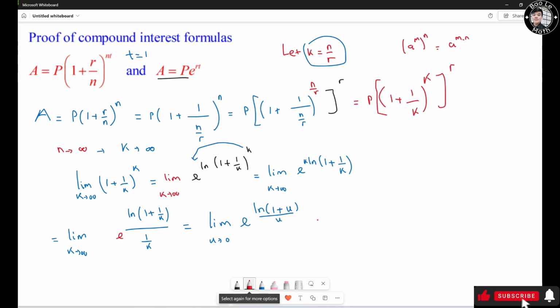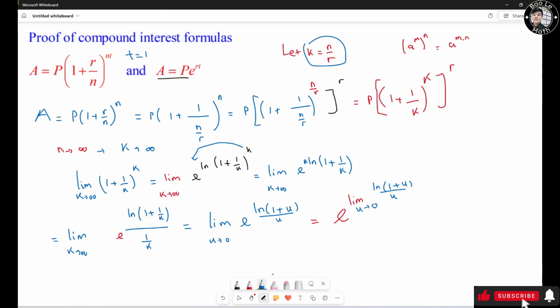Now this can be written as e to the limit of the natural log of 1 plus u over u, when u approaches 0.